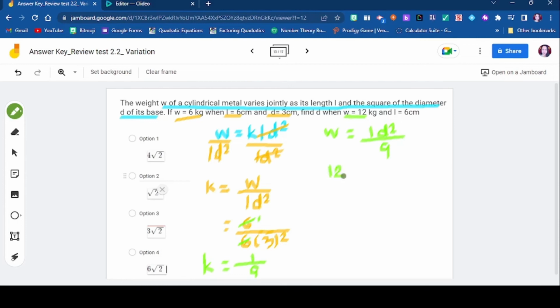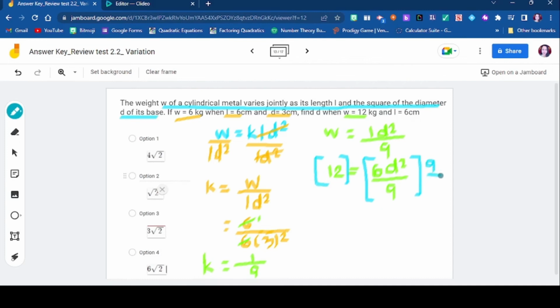So 12 is equals to, our length is 6, then D squared over 9. For us to find the value of the diameter of its base, we have to multiply both sides, the left hand and the right hand side, with the reciprocal of 6 over 9 so that we could eliminate that one.